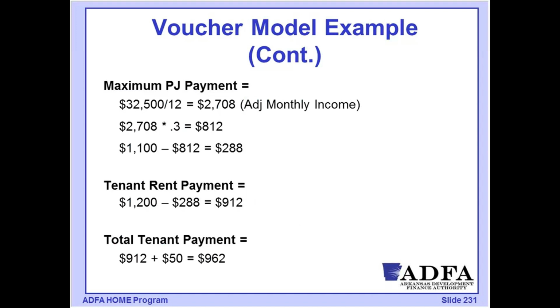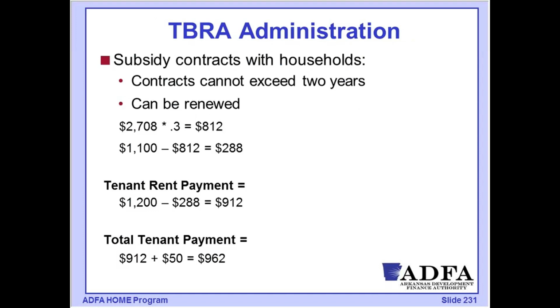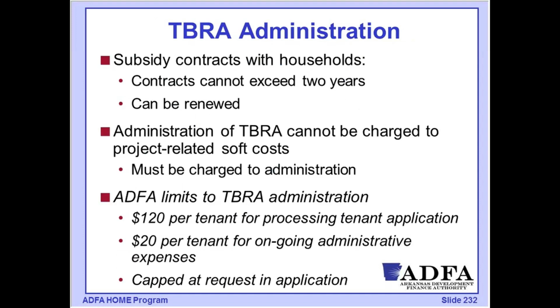So their total payment with rent and utilities is going to be $962. This is part of the choice: we set a standard not specific to the unit that they have rented, and so they either benefit or they bear the consequences based on the unit that they actually select.